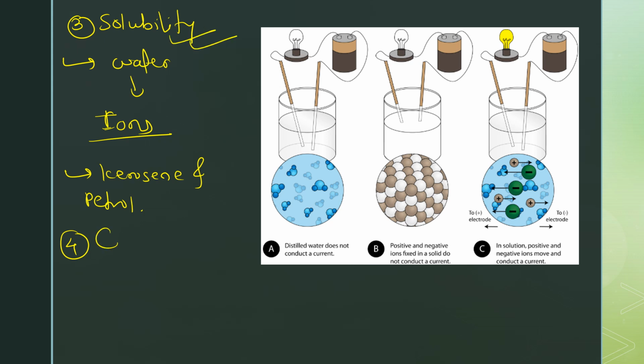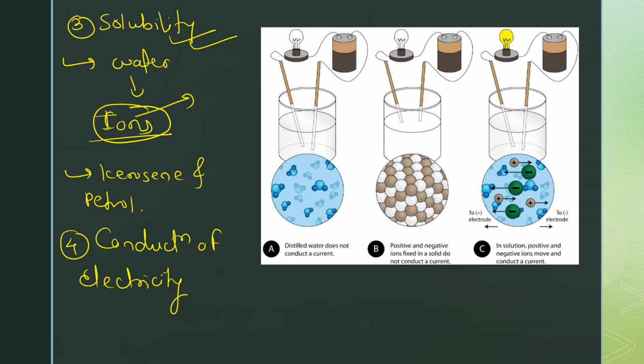Now our next property, which is the last one, is related to solubility only. That is conduction of electricity. As they show the formation of ions, the conduction of electricity through a solution involves the movement of ions.